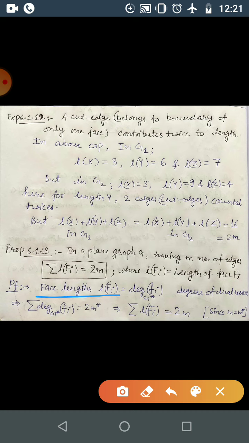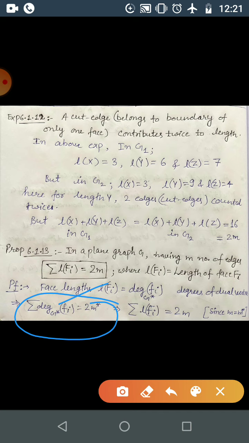So the face length in G is equal to the degree of the corresponding vertex in G star, that is, the degree of the dual vertex. By the degree sum formula, the summation of the degrees of vertices in G star is equal to twice the size of G star, that is, m star.